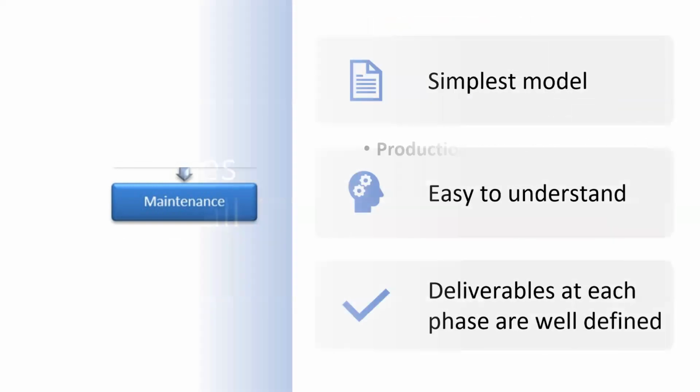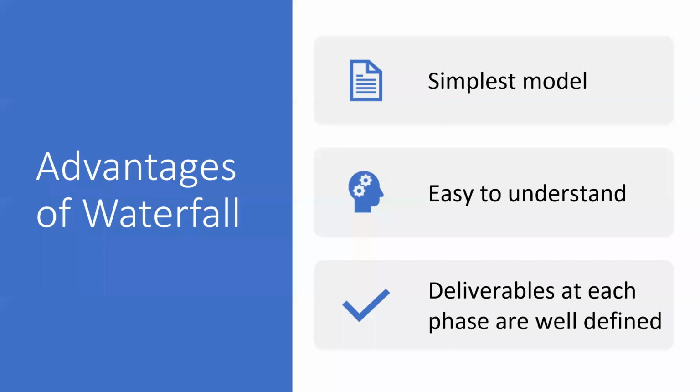So your waterfall is nothing but very simple. Can anyone say what are the phases of the waterfall model? Requirement, analysis, design, coding, testing, release, deployment, or implementation. Yeah, maintenance is also a very important thing.